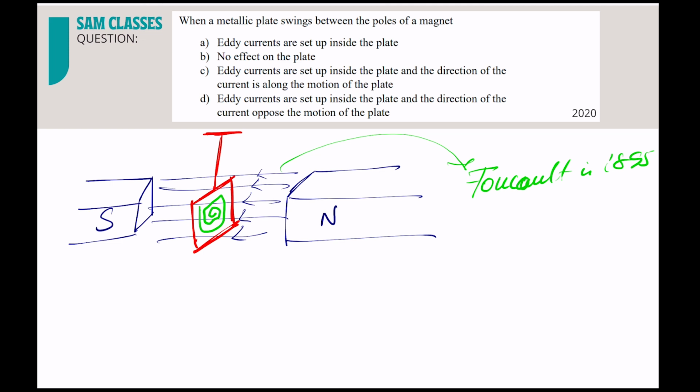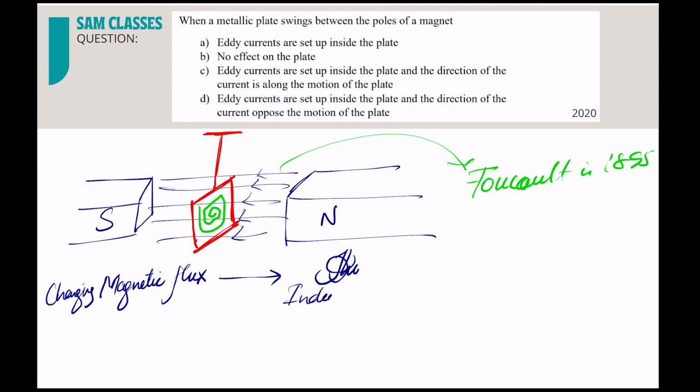See, a lot of people don't remember this and they'll do wrong. So first, see, step by step, understand. Very simple. So what do we have? Changing magnetic flux. Now this changing magnetic flux gives me induced EMF.